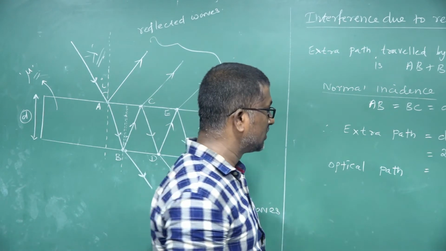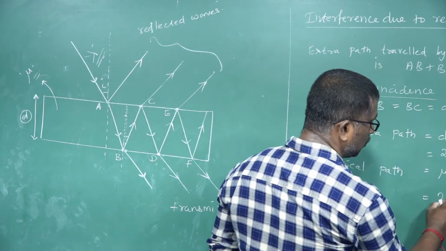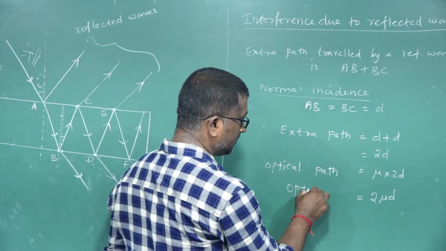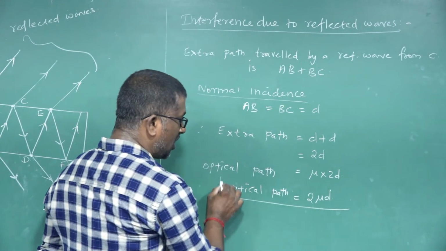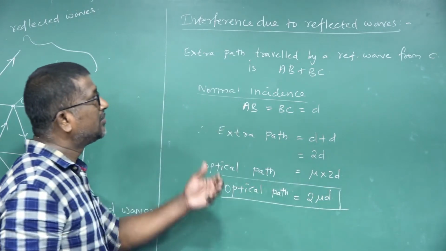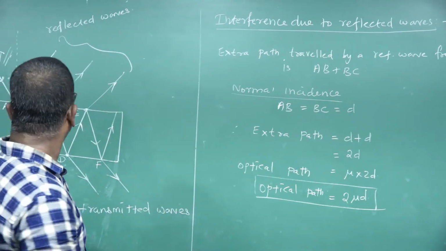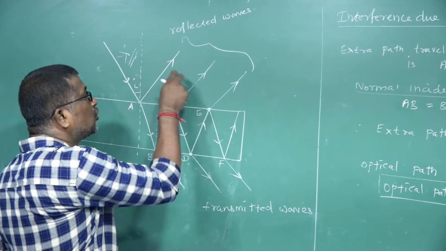That is, optical path is mu into 2d, or 2 mu d. This optical path traveled by the reflected wave from the point C is nothing but the optical path difference between these two reflected waves.